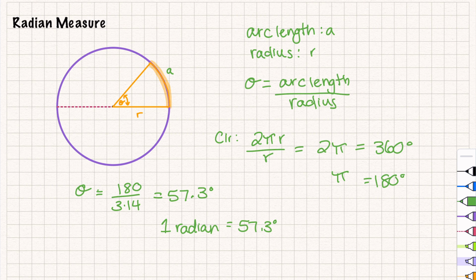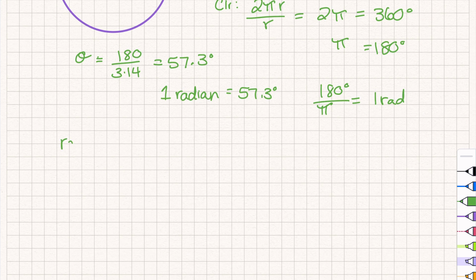So when we're converting, if we used 180 divided by pi to get 1 radian, when we're converting from radians to degrees, we're going to have to multiply by 180 over pi.